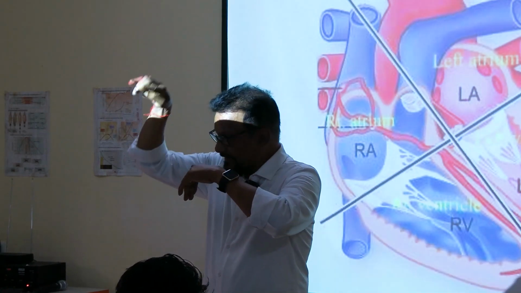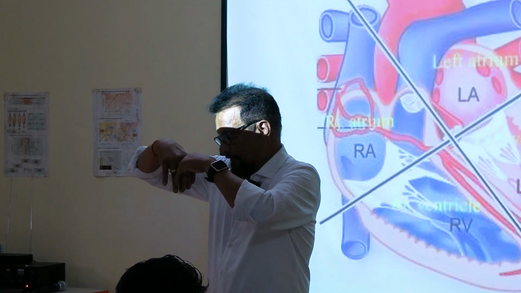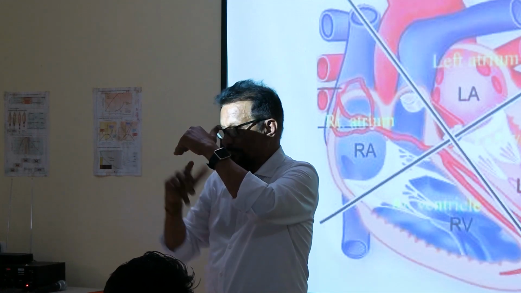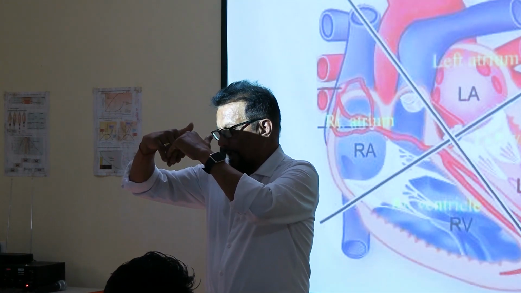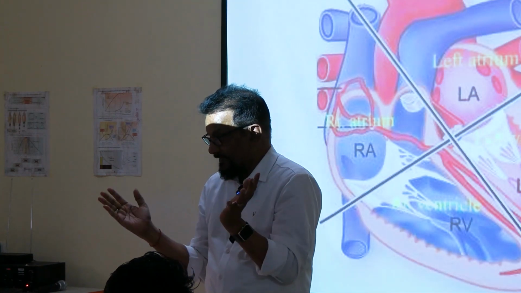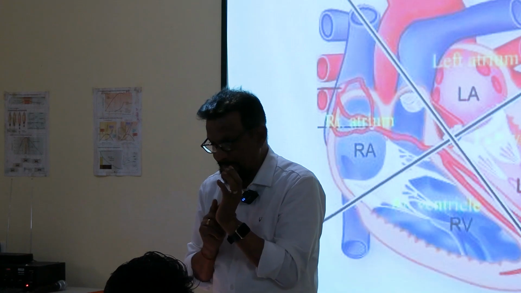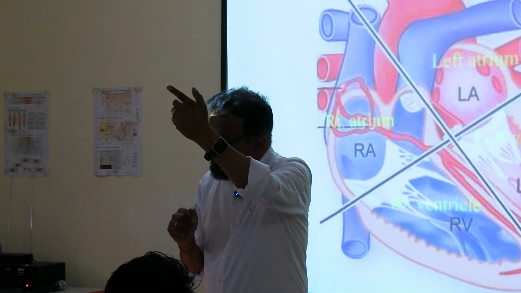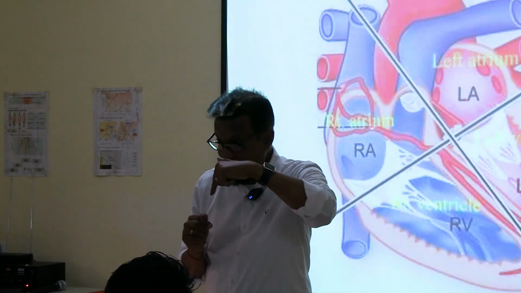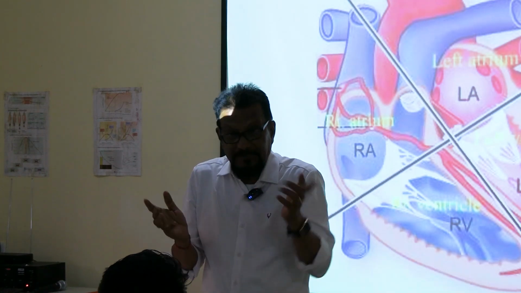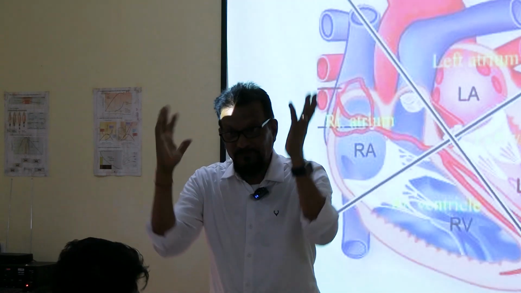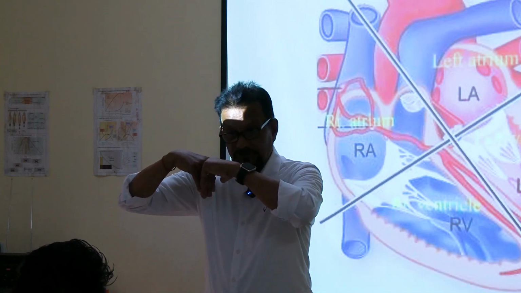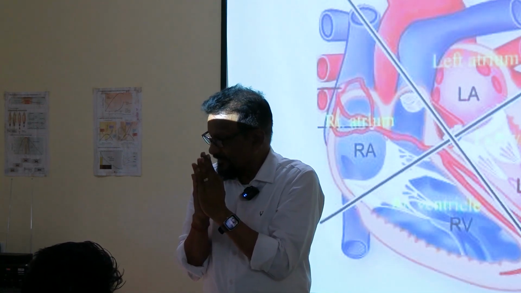This is the atrium, and if it remains like this, now this is the ventricle. Valves are closed. Now the ventricle starts distending. What will happen? Inside, pressure will fall, and when it is less than in the atrium, blood in the atrium, which is already coming through the SVC and IVC, is full but cannot enter because the valve is closed and the ventricle is squeezed.